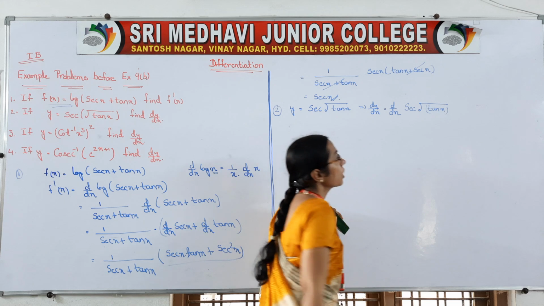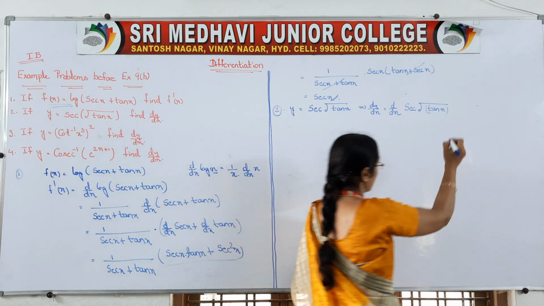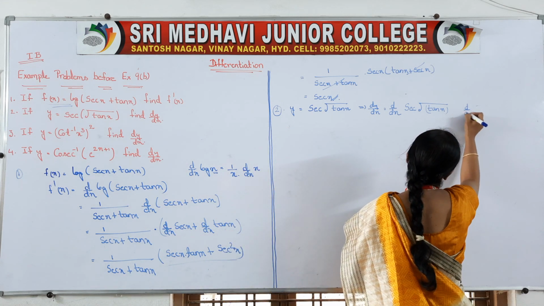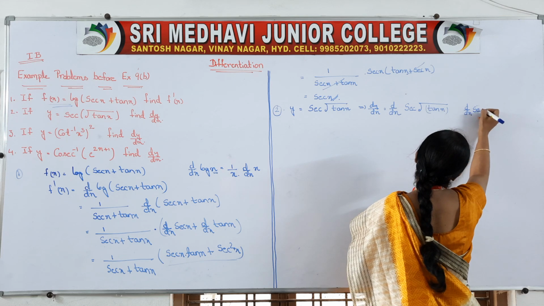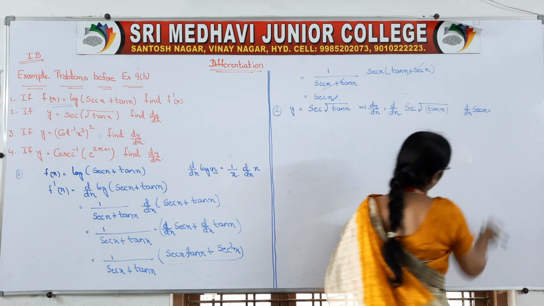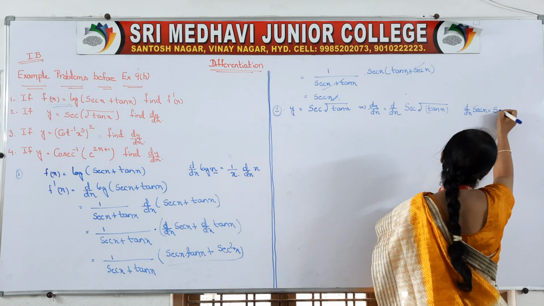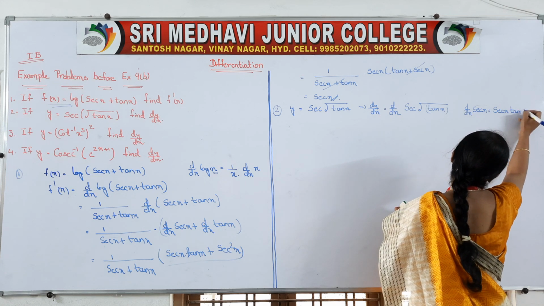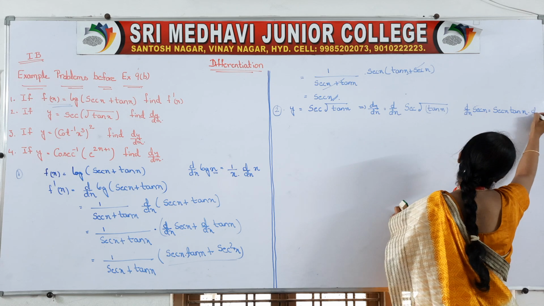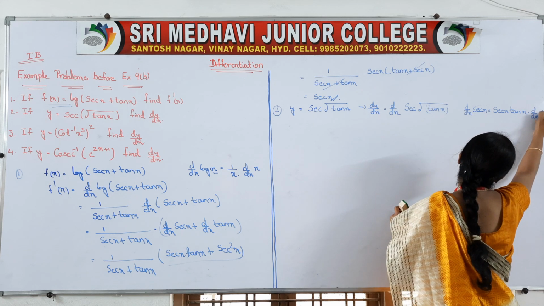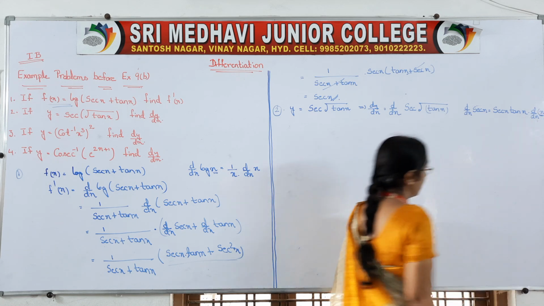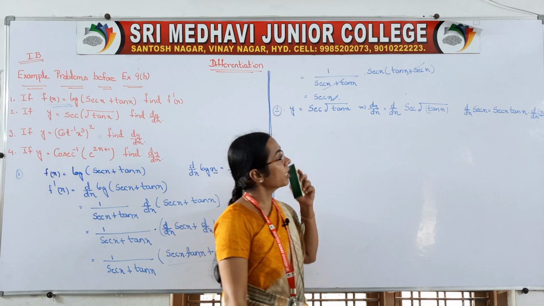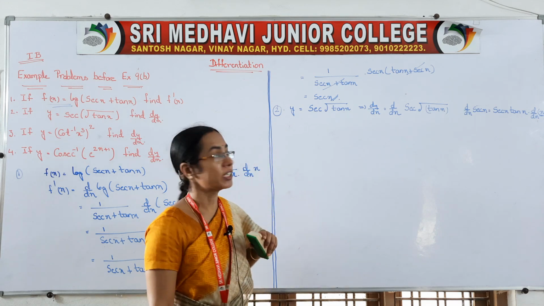Now your standard formula. What is that formula? d by dx of secant of any variable is equal to secant of that variable into tan of that variable into d by dx of that variable. So instead of the variable, we have root tan x.